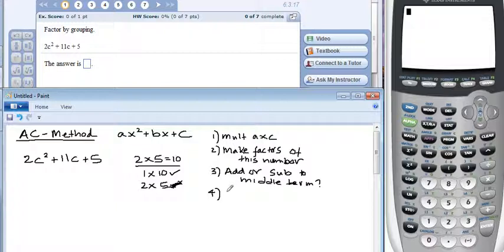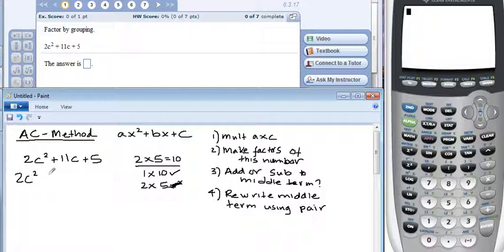Your fourth step is to rewrite the middle term using the pair that you've chosen. So I'm going to split this middle term into 2 terms.